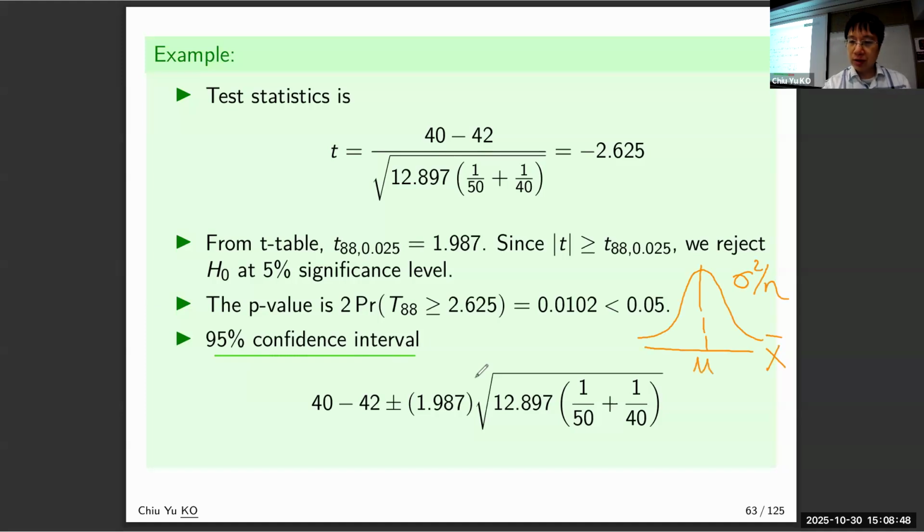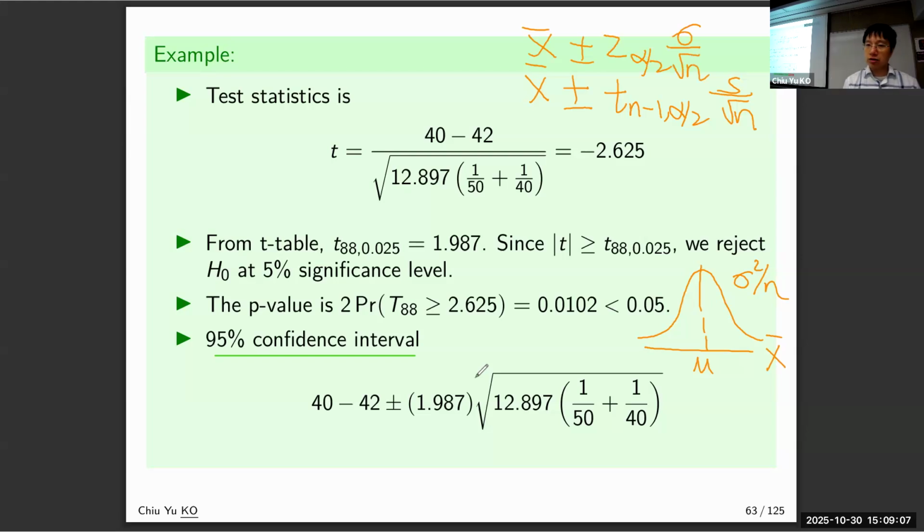And how we do the interval is X bar plus minus T n minus 1, alpha over 2, S over root n, right? Or X bar plus minus Z alpha over 2, sigma over root n, right? So the same goes on here. It's just that now the mean is the difference.